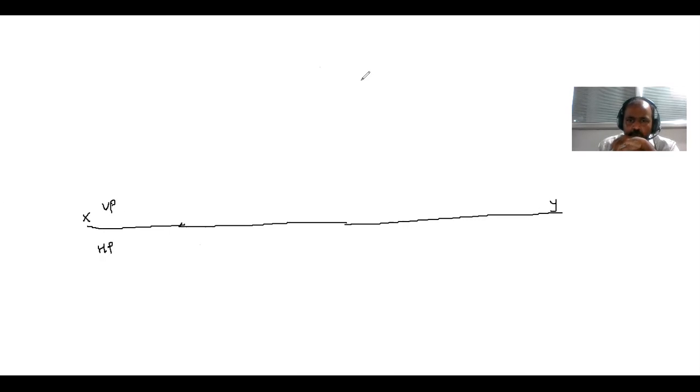So first, on one side, I draw the square of the given side. The side given is 40 mm. So first I draw the square of 40 by 40. I join these diagonals.